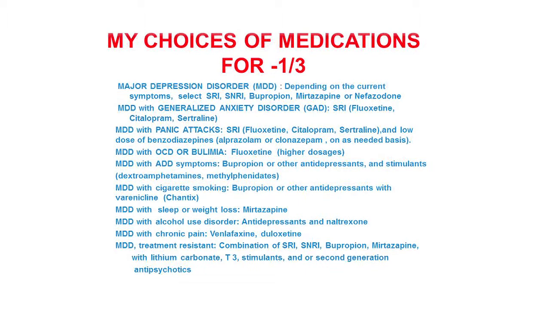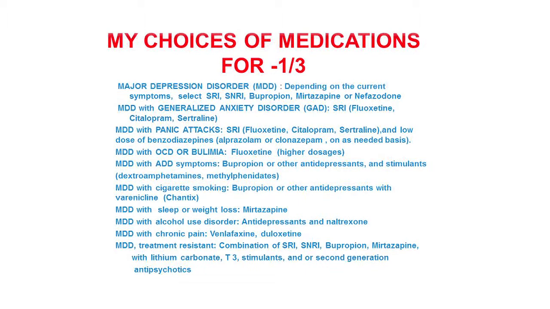And if the patient has major depressive disorder with obsessive compulsive disorder or bulimia, my first selection is always fluoxetine, which is at a higher dosage. And likewise, major depressive disorder with ADD symptoms, bupropion is the first choice, and with other antidepressants, one can certainly add on the stimulants such as dextroamphetamines or methylphenidates.